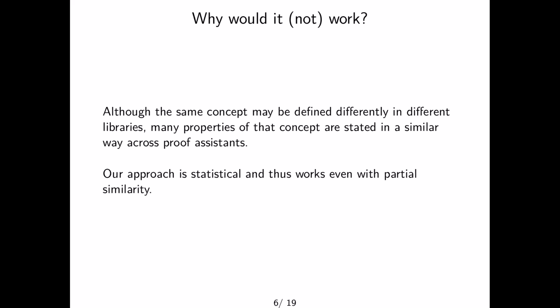And this could also be a reason why it would not work, because properties may also have a very different syntactical representation, and there is no way to recognize that they are similar. So those are the advantages and disadvantages of our approach. And finally, it's statistical, which means even if not all the properties are the same, and you're missing some properties in one proof assistant, you still can find a probable match between 2 constants or 2 concepts.